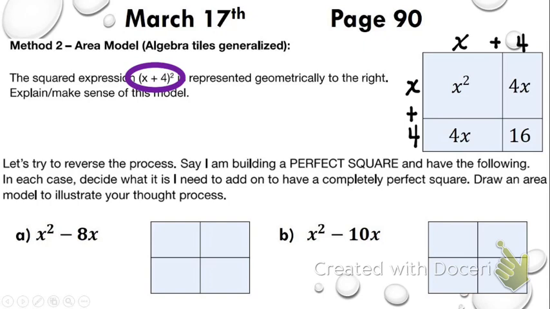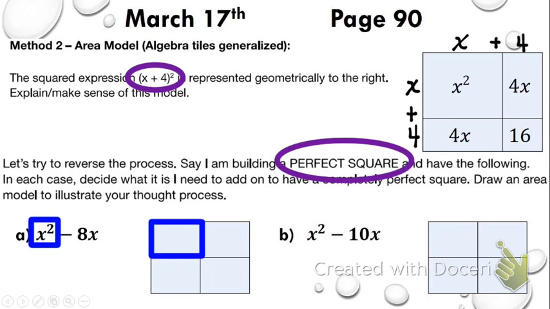I need to make perfect squares. What did you tell me about perfect squares again? They're the same all the way around. On an x squared tile, is that already a square? Yeah. So I can let one of these represent x squared.